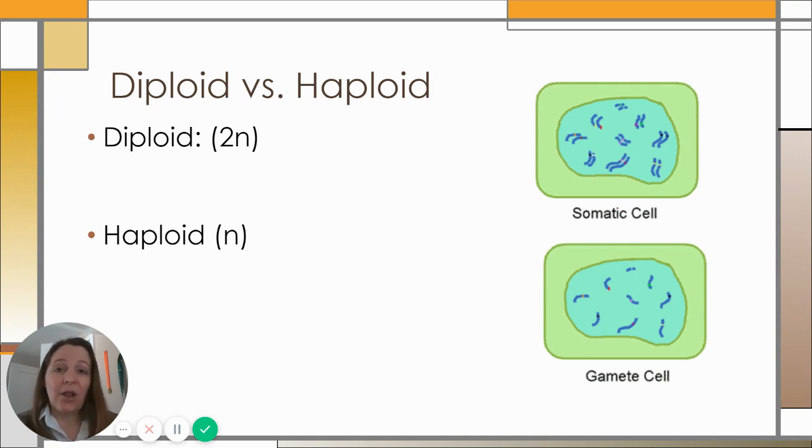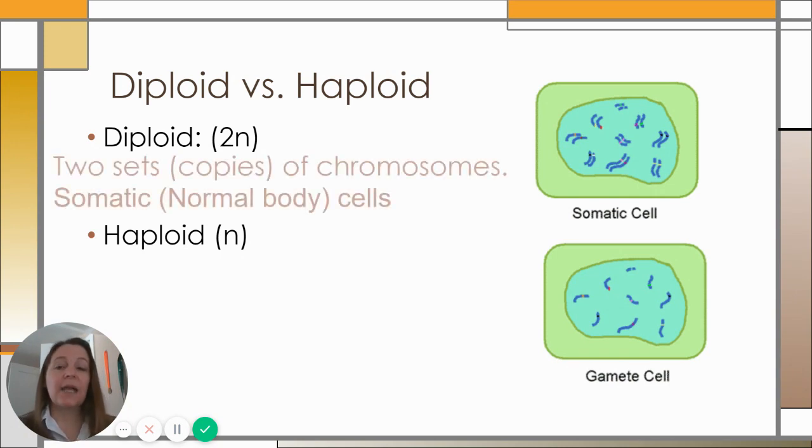We describe a cell as being haploid or diploid, so it's a descriptive term. If we describe a cell as being diploid, it means that it has 2 sets of chromosomes, or 2 copies of chromosomes, one from your mom and one from your dad.